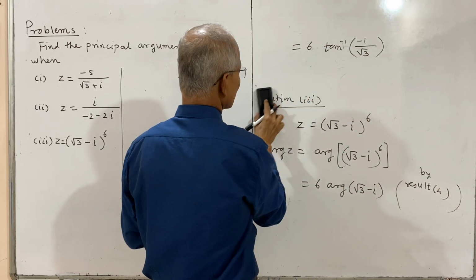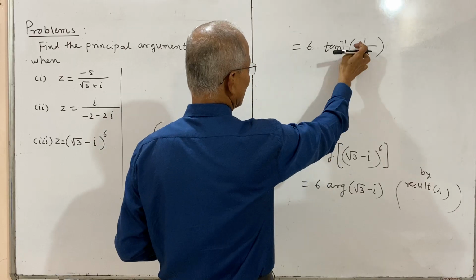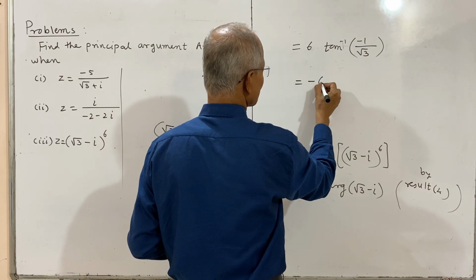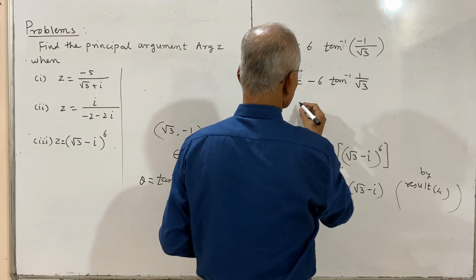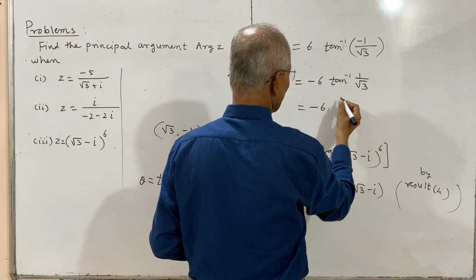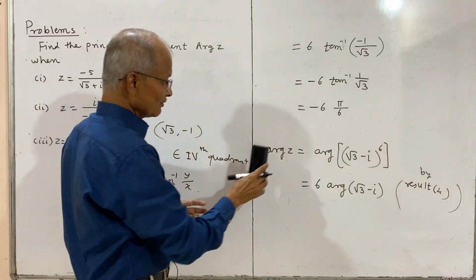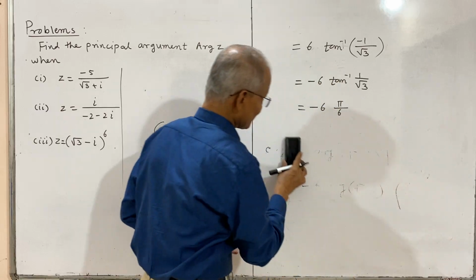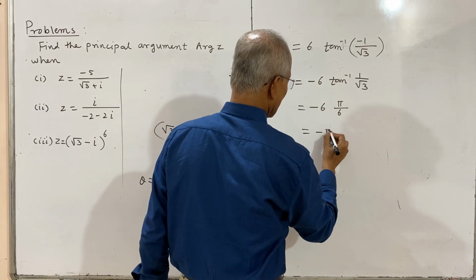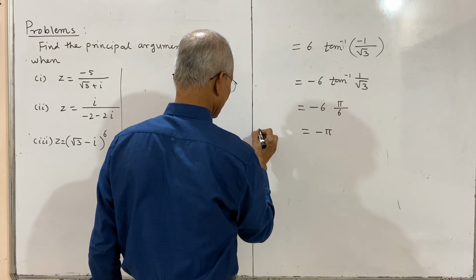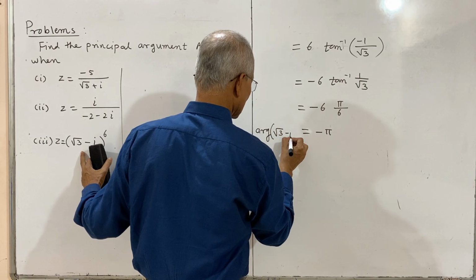As earlier, the minus sign comes out, and that becomes minus 6 tan inverse of 1 by root 3. Tan inverse of 1 by root 3 is pi by 6, so it is negative pi. That is the argument of the number root 3 minus i power 6.